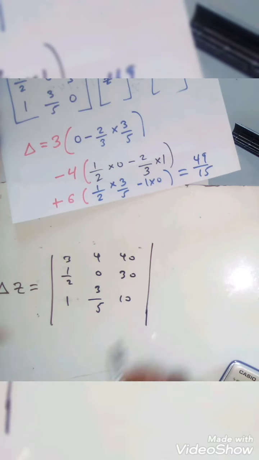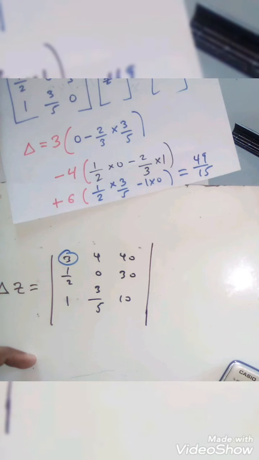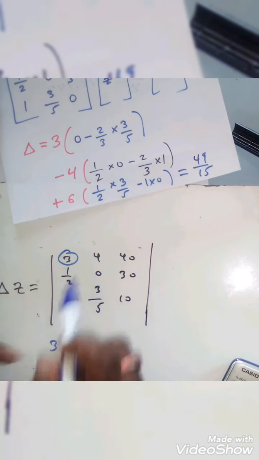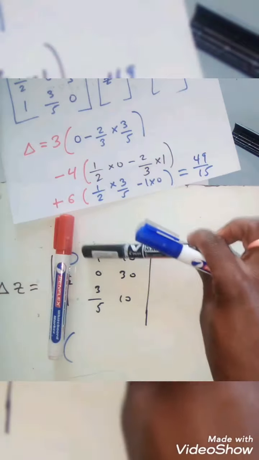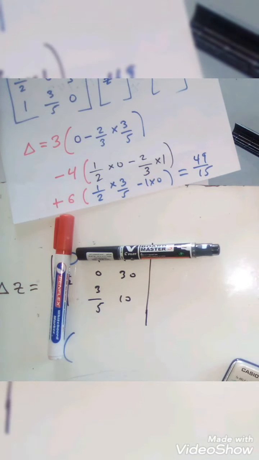So I just do the same thing again. So I take 3 as my factor. So I have 3 times, and then I'm going to cancel these 2 associated with the 3. So the row associated with 3 and the column associated with 3.